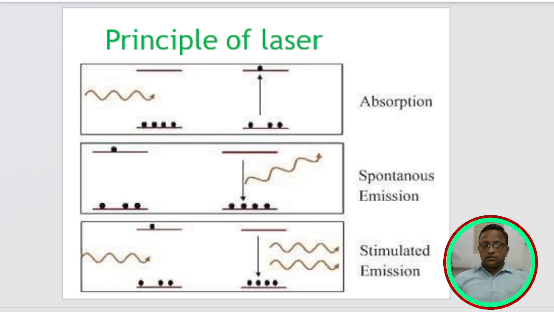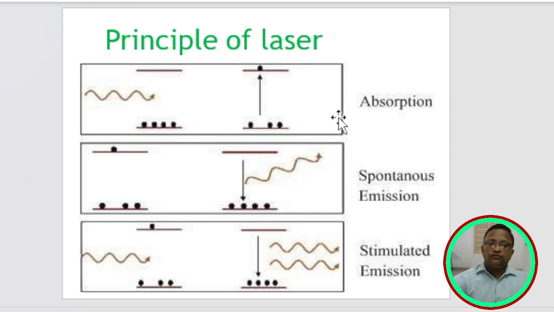Before going to discuss the ruby laser and the helium neon laser, first of all, let me explain the principle behind laser light. We all well know that the atoms are in the ground level. In order to excite the atoms to a higher energy level, we need to give some energy.